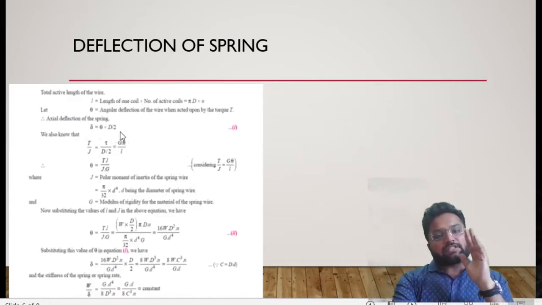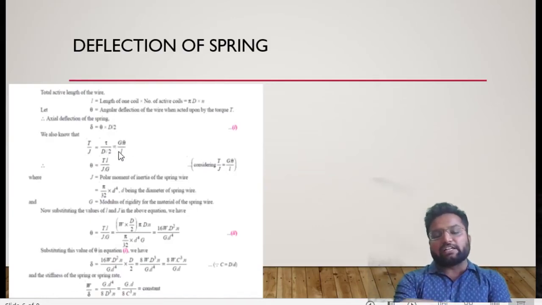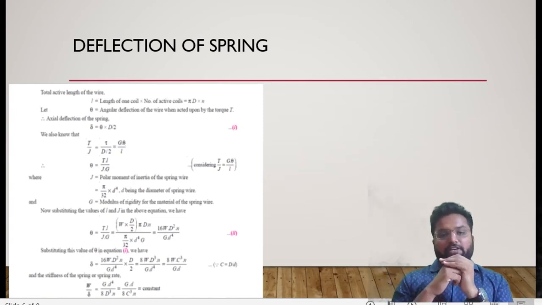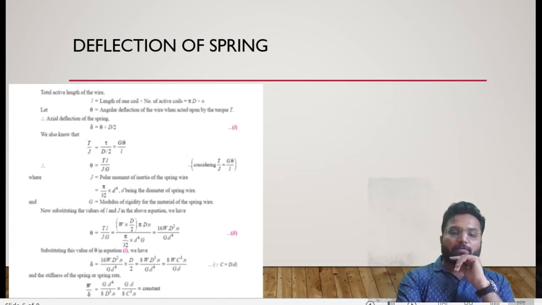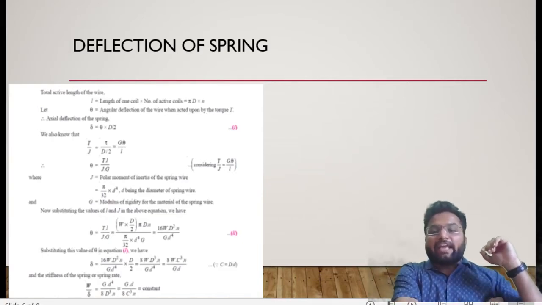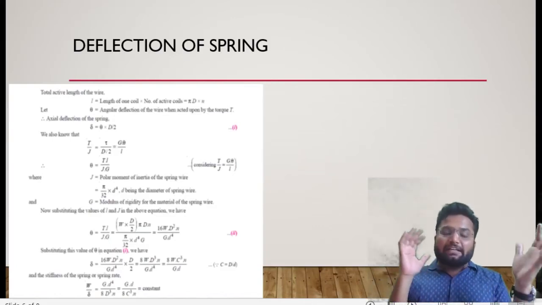Clear? Here first we will have the equation T/J = tau/r = G theta/L, where tau/r is tau divided by d by 2. This is the twisting moment equation, where from the combination of these two, T/J = G theta/L, we can find angular deflection. How does this angular deflection take place? In the previous slide we talked about the twisting moment.